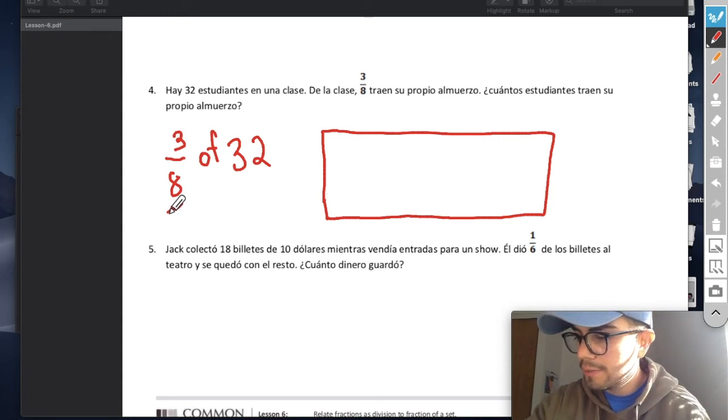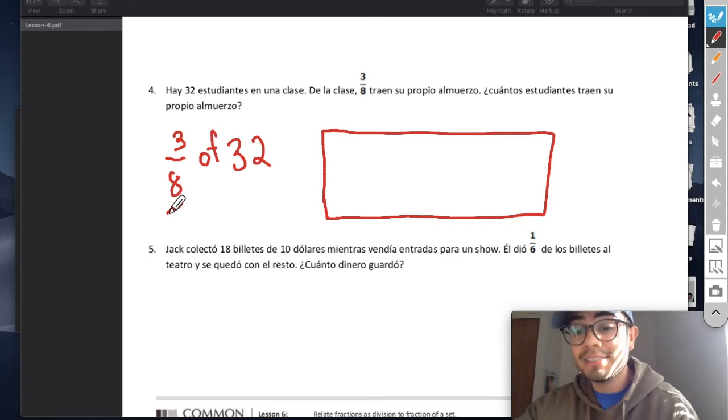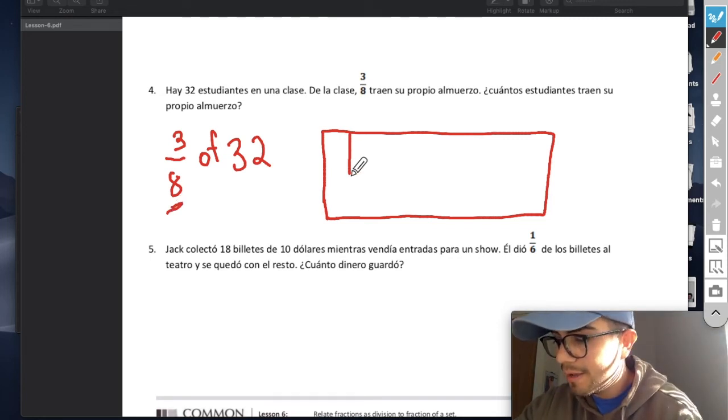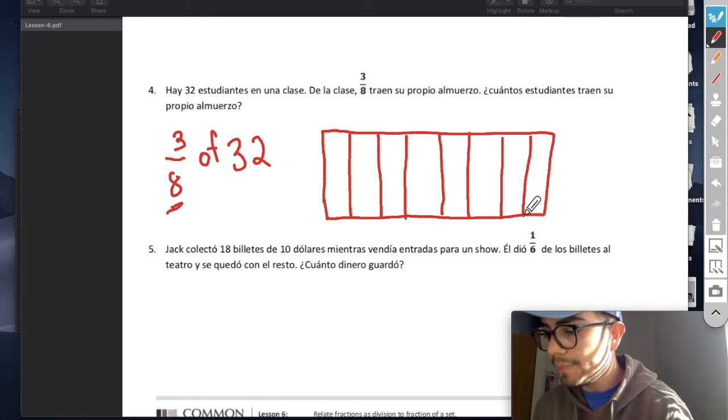And now it's going to have 7 lines making 8 rows. Okay.